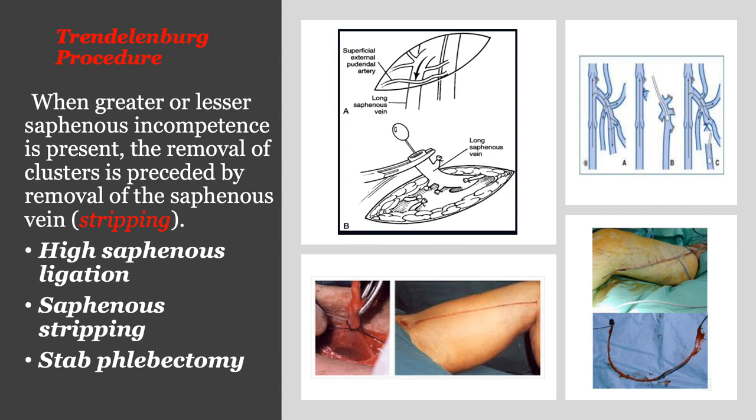All tributaries should be ligated. Then a special device called a stripper is introduced into the great saphenous vein and the vein is stripped. This process is called stripping. So, Trendelenburg procedure means high saphenous ligation, saphenous stripping with stab phlebectomies, removal of clusters of varicosities, with removal of the great saphenous vein or small saphenous vein.